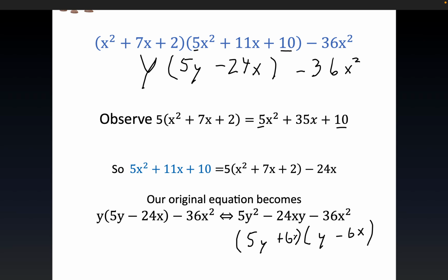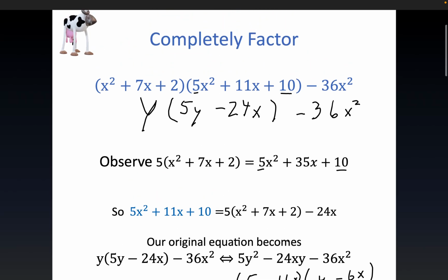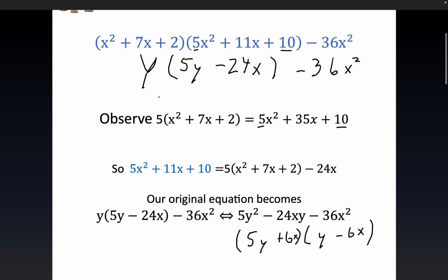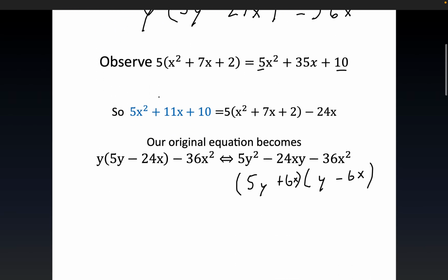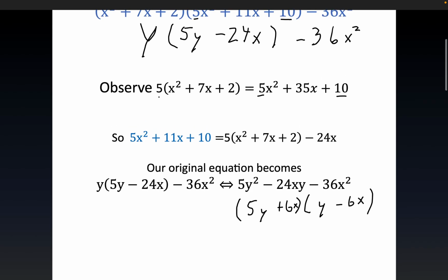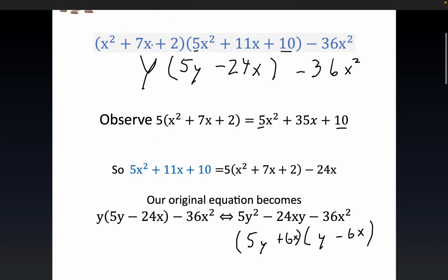But if you take a look at what was our original substitution? Our original substitution is just this very first term, right? x squared plus 7x plus 2. So if you multiply that by 5 and add 6x, you would get 5x squared. Well, we already know what that's equal to: 5x squared plus 35x plus 10, right?